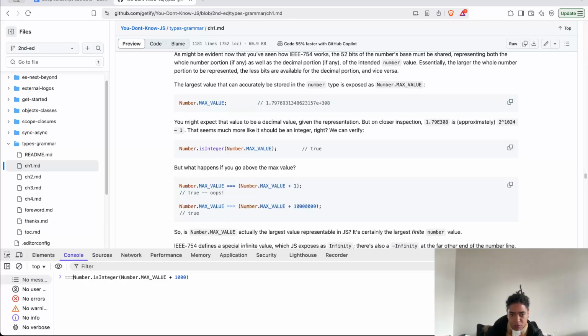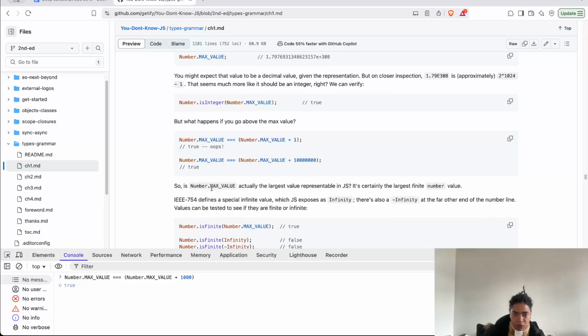And if you compare that to this, to say, hey, is this still the same as max value? It tells you that this is still true, and not to mention more than that. So Number.MAX_VALUE is actually the largest value representable in JavaScript.